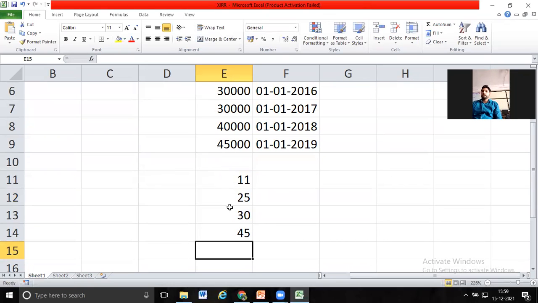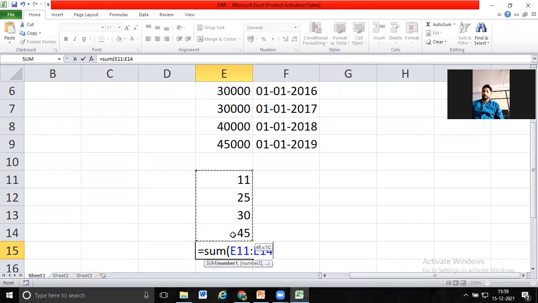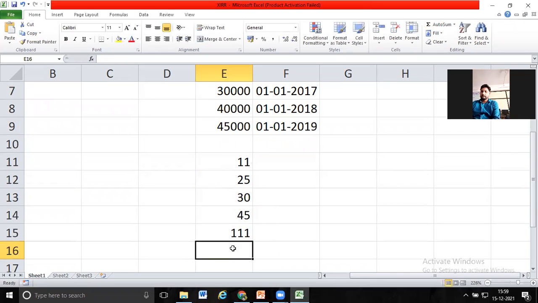I want to write the summation at the bottom side, so I will call the sum function. The numbers for which you want to perform this summation should be selected over here. I have selected all the numbers, completed this bracket, and entered. So you get directly the summation of all the numbers.